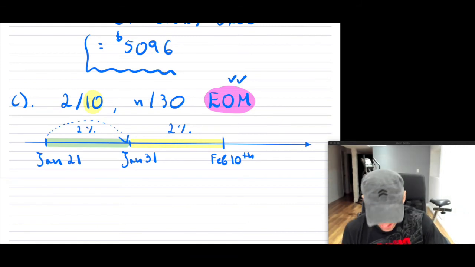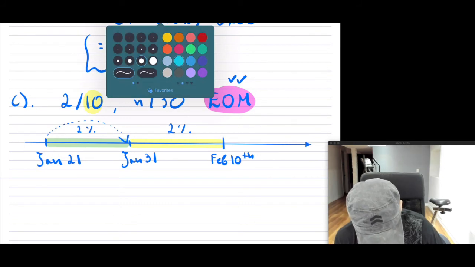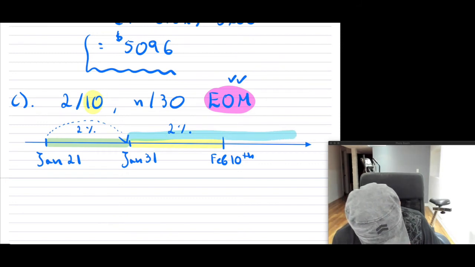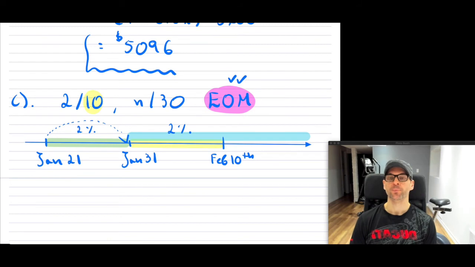The 30 days to pay off the entire bill starts right there as well, and it keeps going until the 30 days is gone. So that's the end of the month.